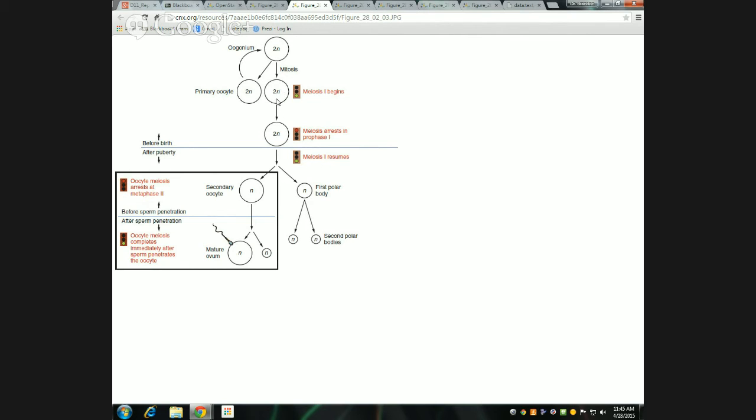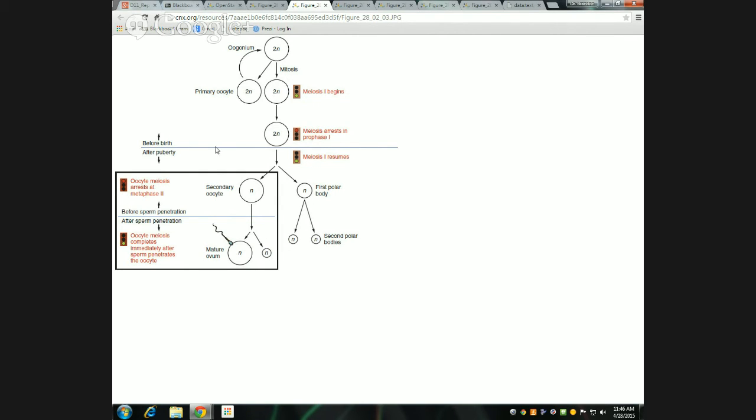But the reason that this picture is depicting it this way is meiosis begins with the primary oocyte that's made through mitotic division of the oogonium. It stops, or it arrests, that meiotic division in prophase 1, which is actually the very beginning of meiosis. But it sits there and does nothing.